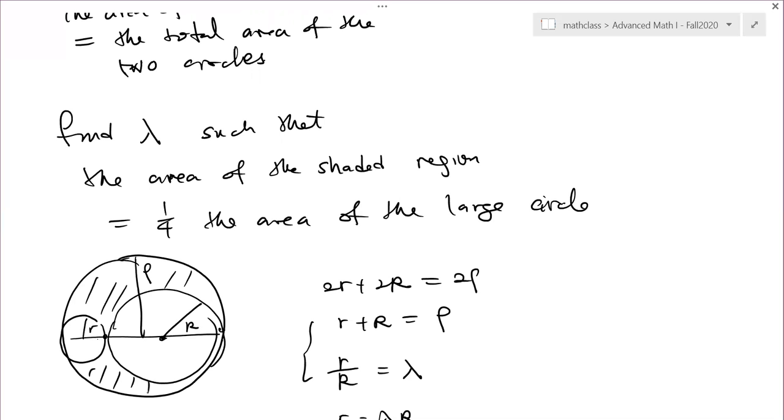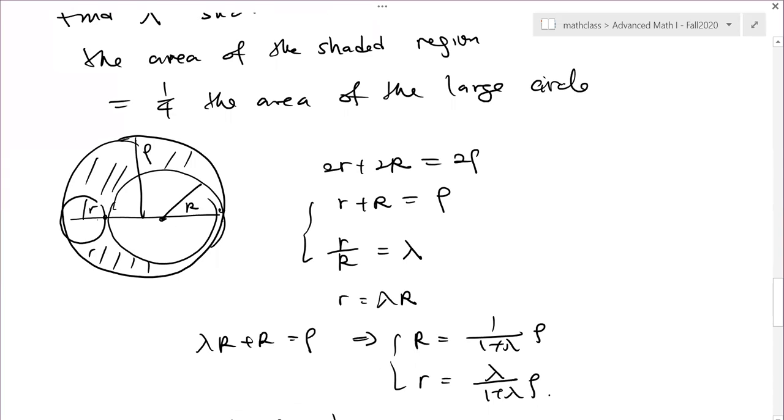So you have to put 2 circles inside, and you want to see what the ratio of those 2 radii is. Then the remaining part is going to be 1/4 of the area of the whole circle. See, this is the application of mathematics, and you can solve that. That's a good question.